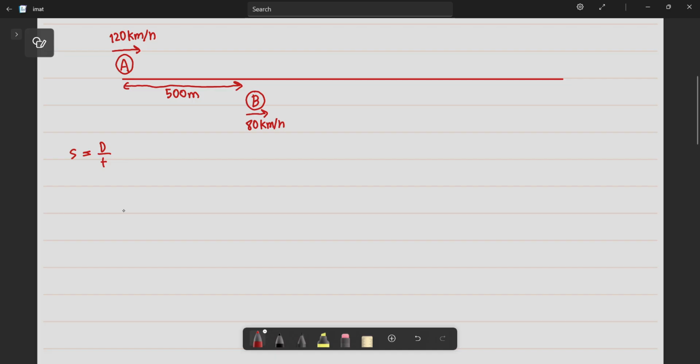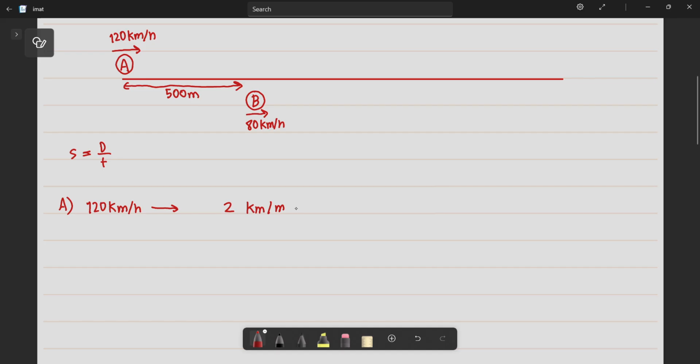Okay, so now for car A, we have 120 kilometer per hour speed. So we have to convert this kilometer per hour into kilometer per minute. To do that, we're simply going to divide 120 by 60 because we know in 1 hour there's 60 minutes. So to convert hours into minutes, we divide 120 by 60 and this will give us 2 kilometer per minute.